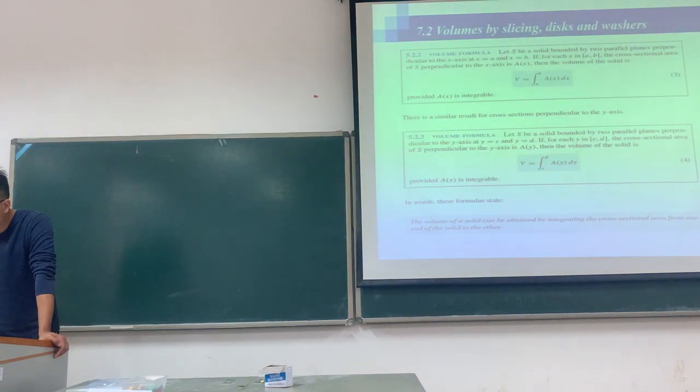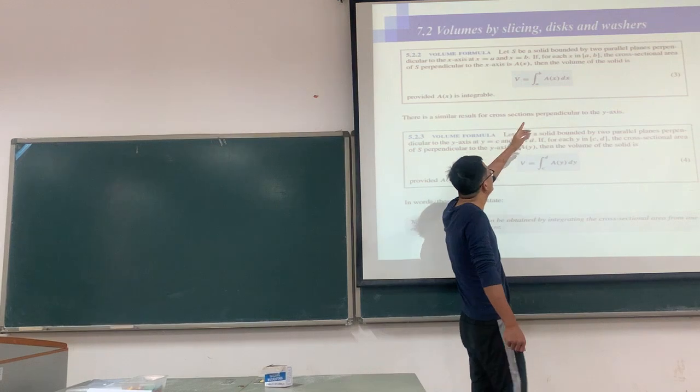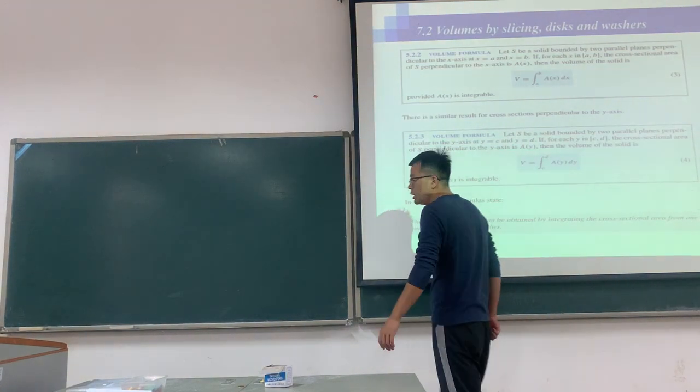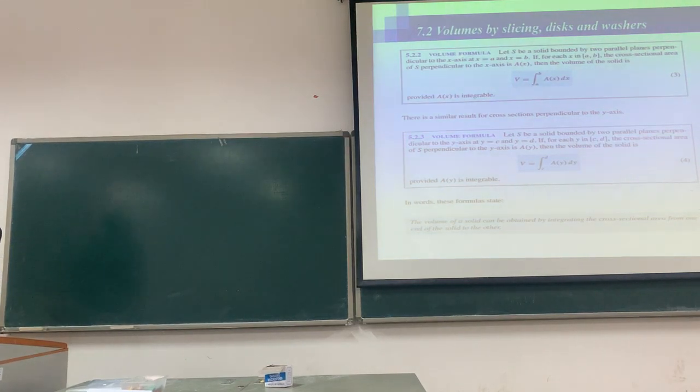If for each x in the interval AB, the cross section area perpendicular to the x-axis is A(x), then the volume of the solid is V equal to the definite integral of A(x) from a to b. This is the formula.